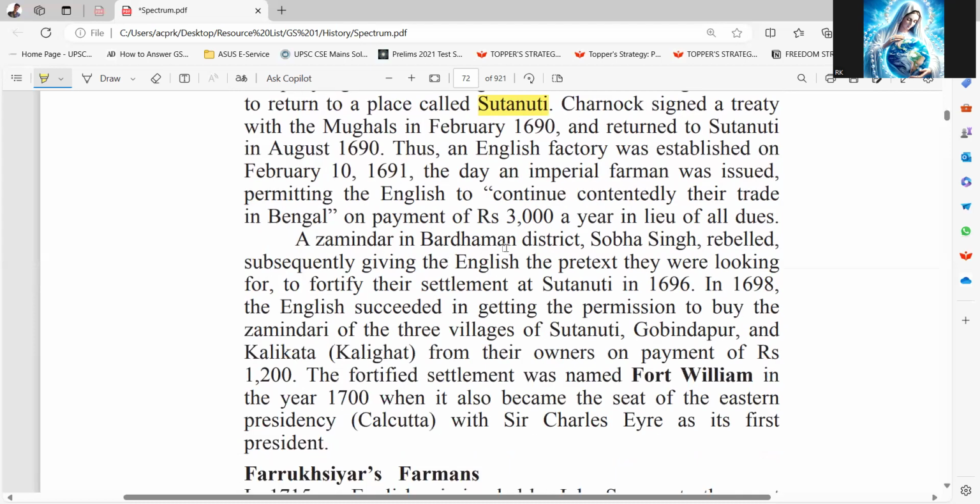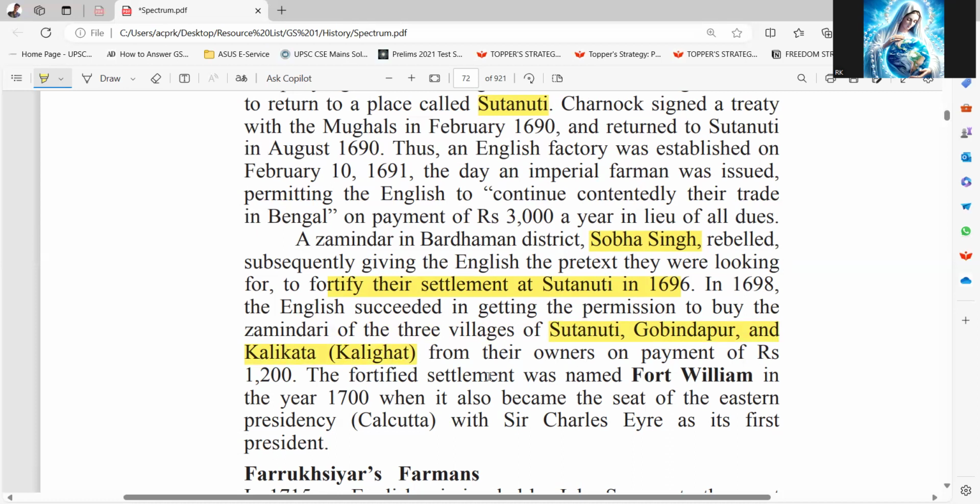A zamindar in Bardhaman district, Shobha Singh, rebelled, subsequently giving the English the pretext they were looking for to fortify their settlement at Sudanudi in 1696. In 1698, the English succeeded in getting permission to buy the zamindari of the three villages of Sudanudi, Gobindapur, and Calicut from their owners on payment of Rs 1200.